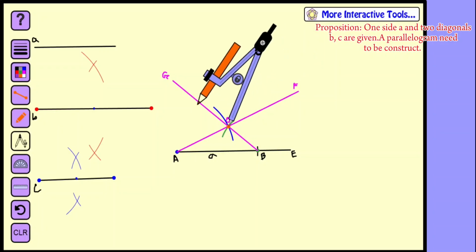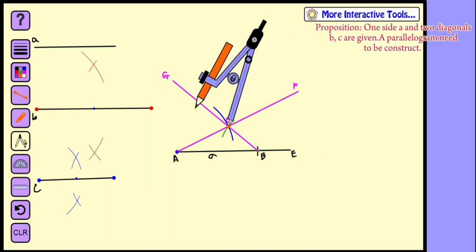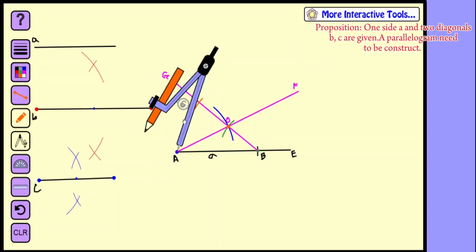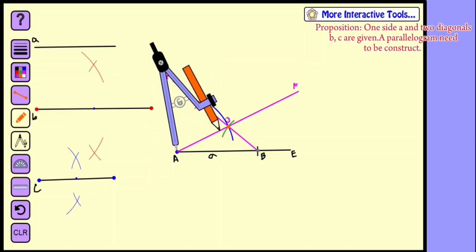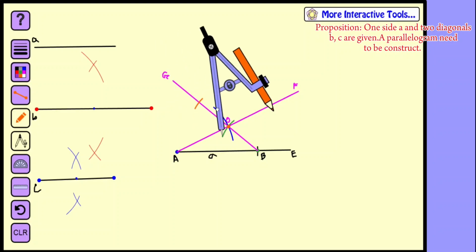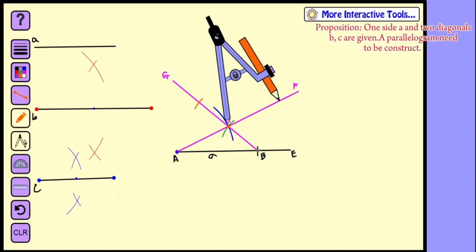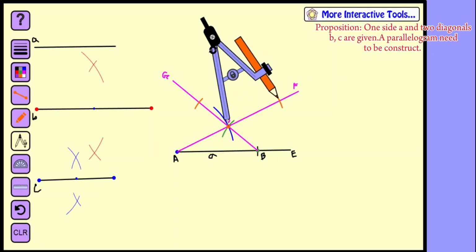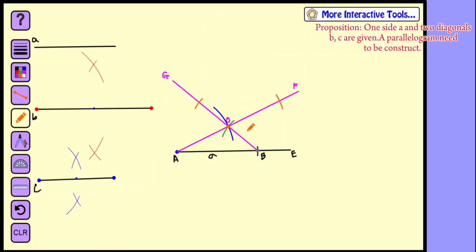So this is the same measurement as BO. Now put your pencil compass on the A point and take the measurement of AO. Repeat the same process: put your pencil compass on the O point again and cut it from the F line. So you can see we got two cut points. We have almost finished. Now we just join these two lines, and then we will get our parallelogram.